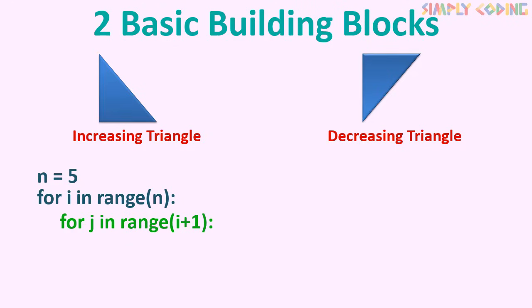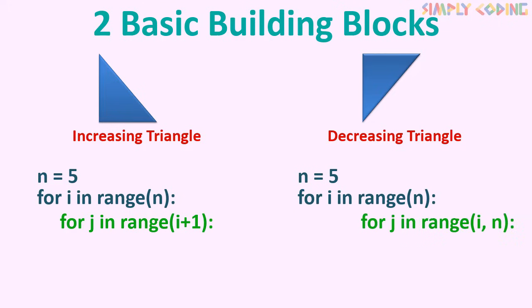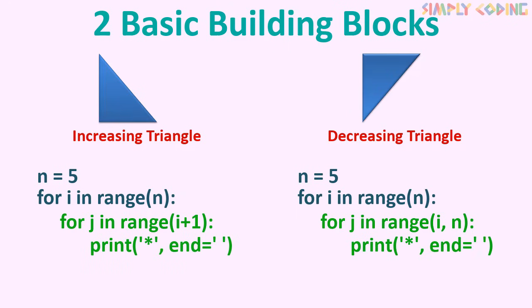Decreasing triangle has an outer loop with range function till n and the inner loop from i to n. Inside the inner loop, we have the print statement to print the star and the last statement of the outer loop is an empty print statement which takes you to the next line after a complete row is printed.